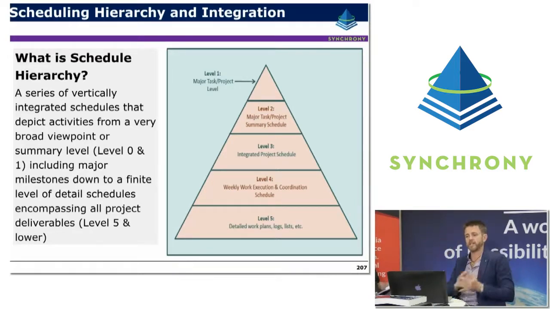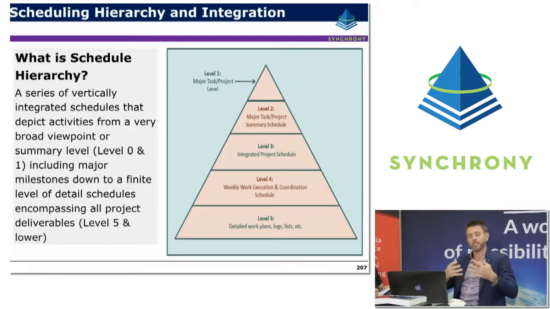At the highest level, we tend to have major project milestones. These are milestones that are typically of interest to the very high-level stakeholders that you might be dealing with. Then it breaks down into, say, level 2, which typically represents a summary schedule, with large bars which summarise different phases of the project.